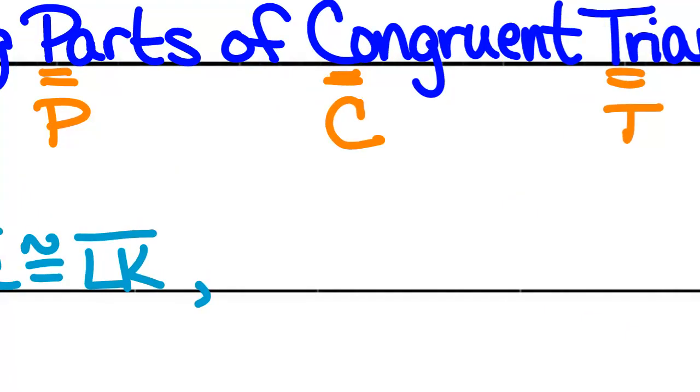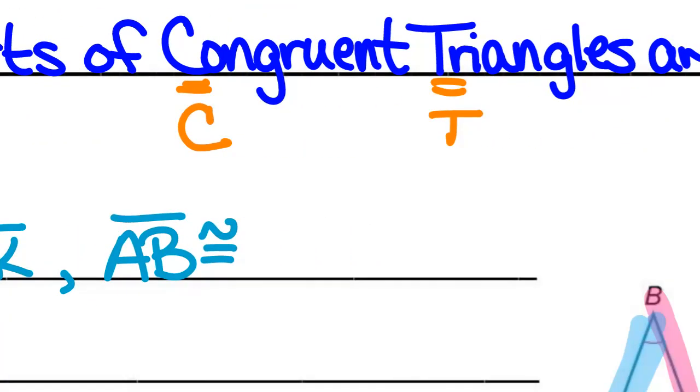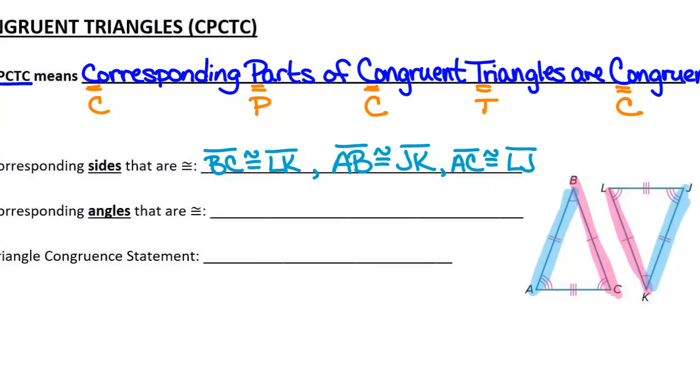So we're going to say AB is congruent to JK. And then what's the third pair of corresponding congruent sides? AC and LJ. AC and LJ. Beautiful.